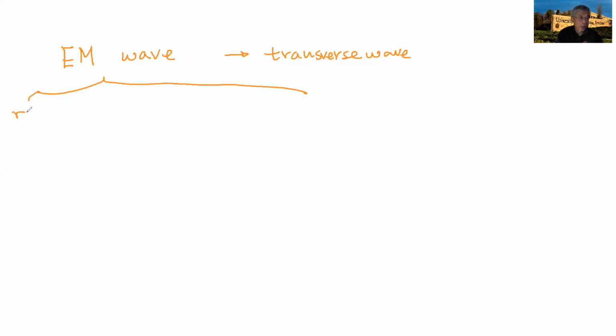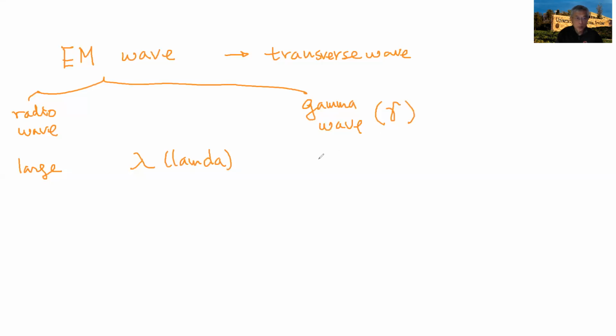It goes from radio wave, which has the largest lambda, pronounced lambda, L-A-M-D-A, on this side, to gamma wave on this side. The gamma wave is high energy and dangerous, and it has small wavelengths. This lambda is called wavelength.